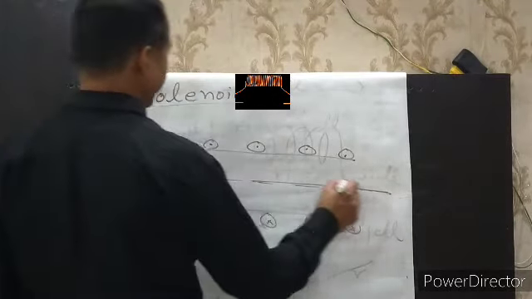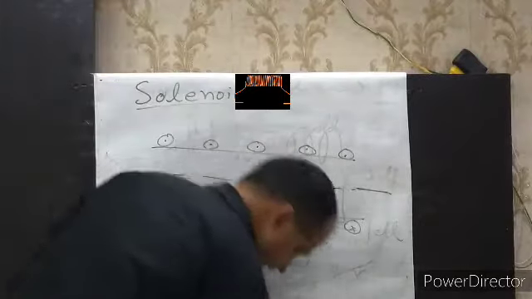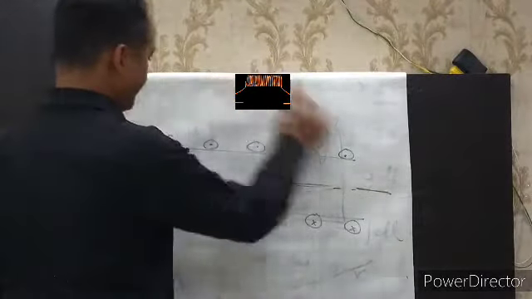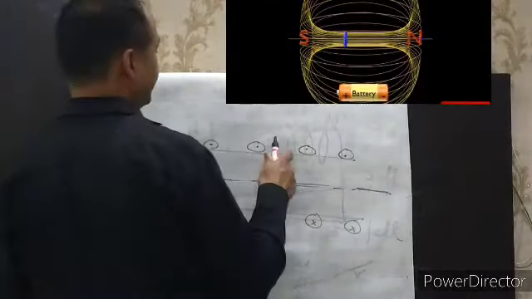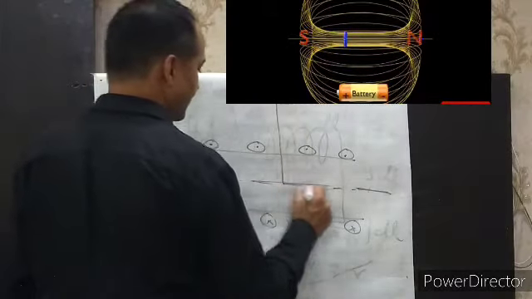Okay, this is the axis of the solenoid. For this, we can imagine a closed loop like this.